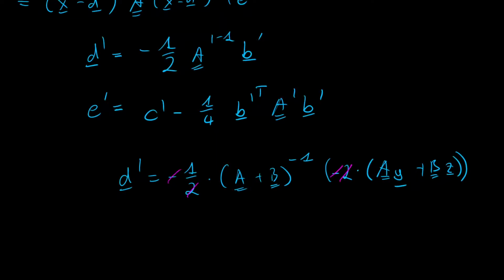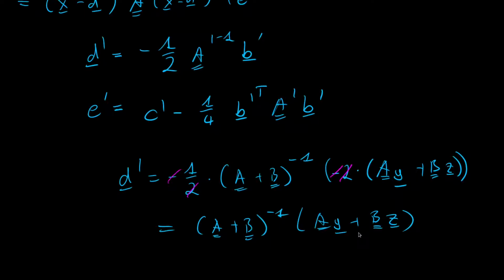See, this is the same as we had in the univariate case. Then we are left with the expression of A plus B in brackets inverse of AY plus BZ, closing brackets. And that's quite similar to the univariate case.